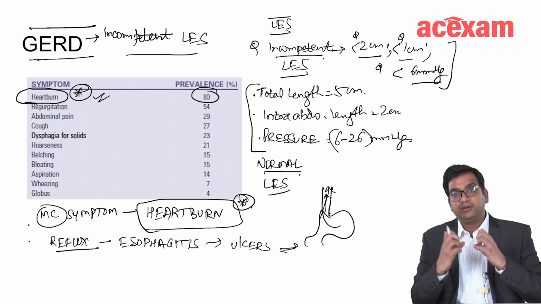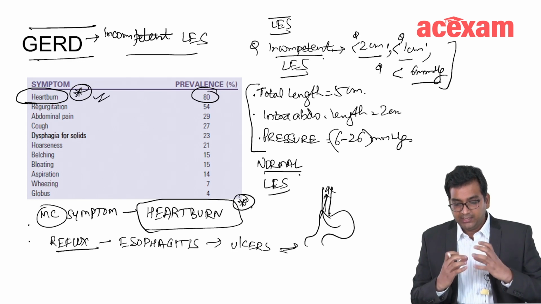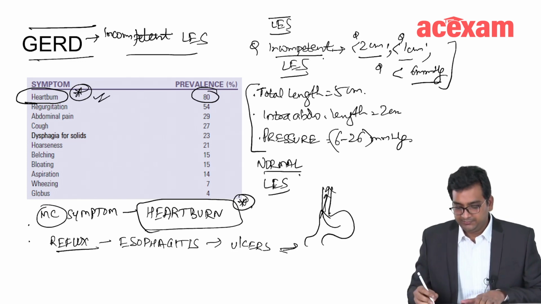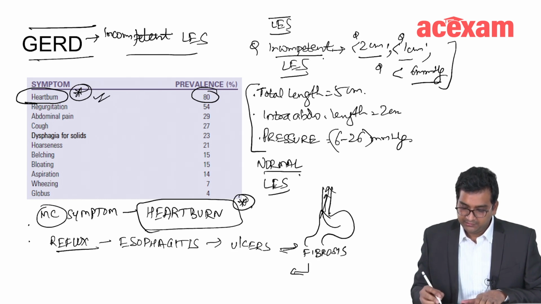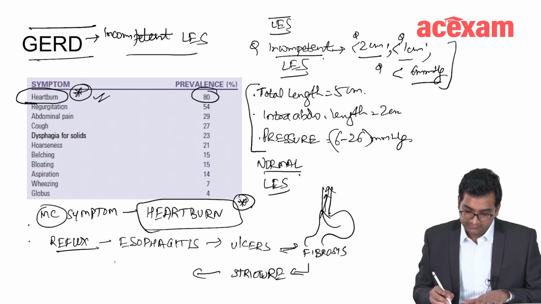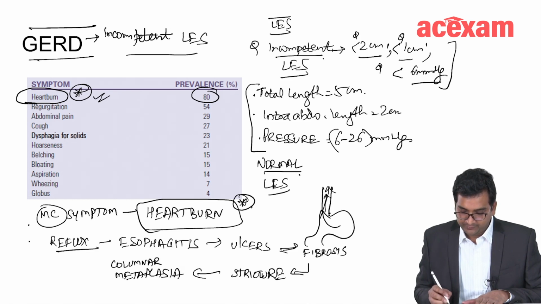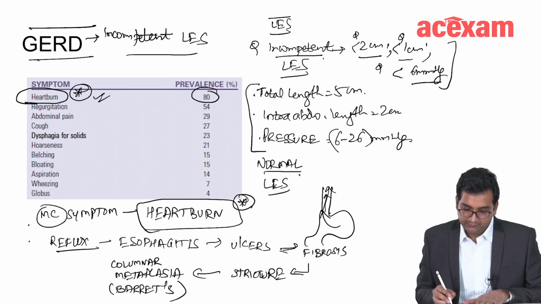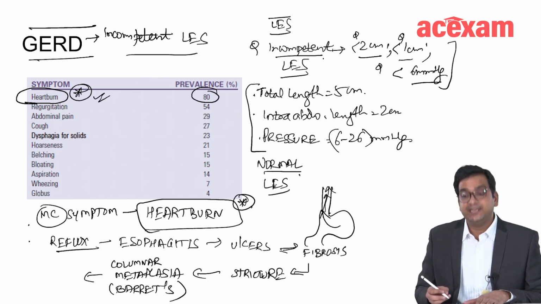These ulcers gradually contract, leading to fibrosis, which leads to stricture, and there will be development of columnar metaplasia or Barrett's esophagus, which later on leads to adenocarcinoma.